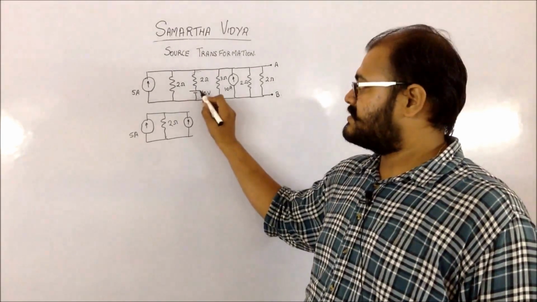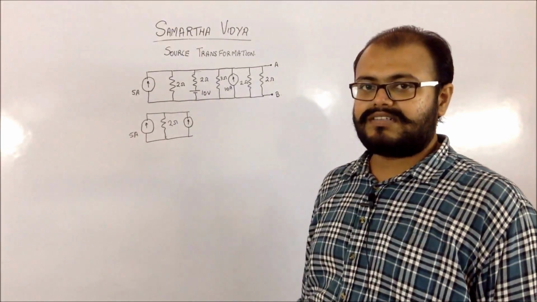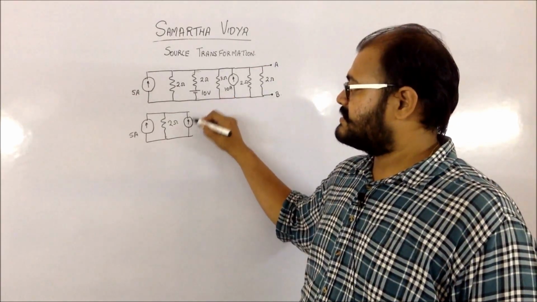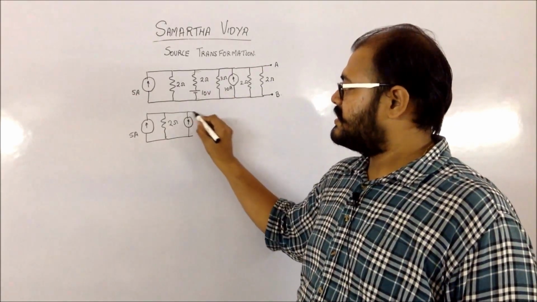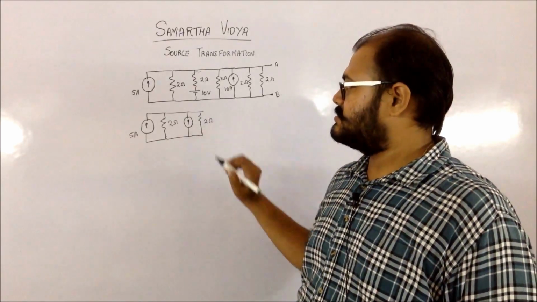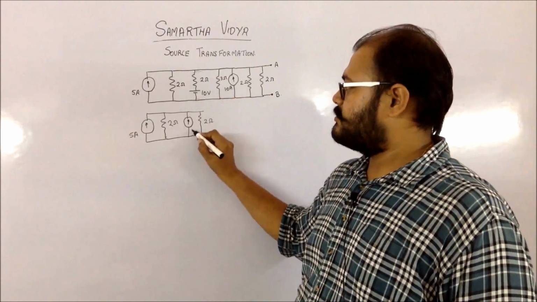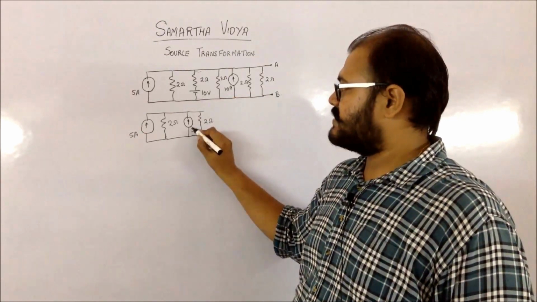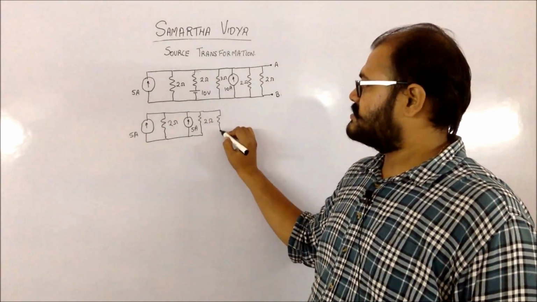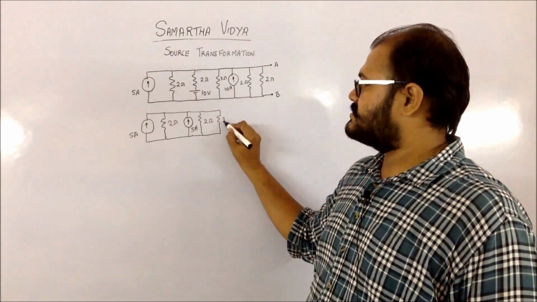So whichever way the voltage is kept, you have to represent the direction from negative to positive. The resistance will be in parallel to it, that is the remaining 2 ohms, and my current value will be 10 by 2, that is 5 amperes. The rest of the circuit, we are keeping as it is.